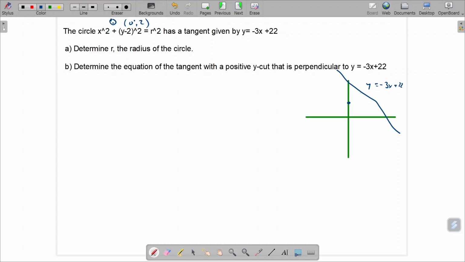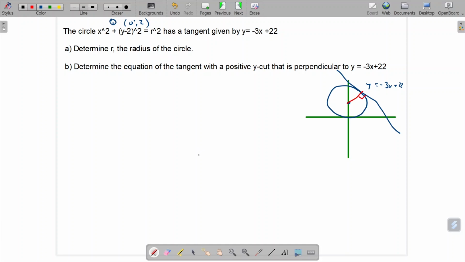And so here somewhere is this circle. It may or may not touch the x-axis. I'm not sure about that yet, but what I do know is that it is centered at 0 and 2, and it is tangent to this line over there. What I therefore do know is that this radius will need to be at right angles to the tangent.